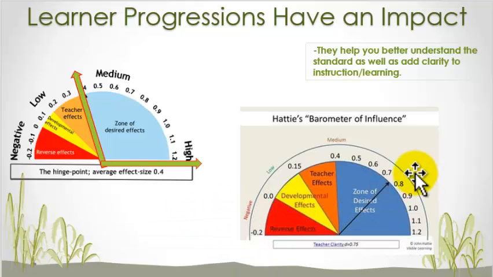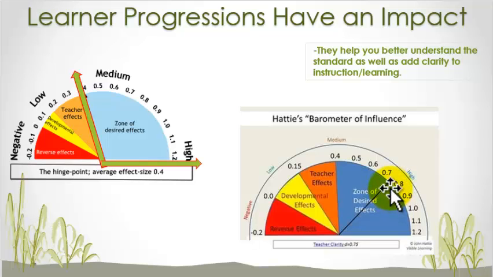Well, if you look at this chart right here, just having teacher clarity, meaning that teachers understand the standards, teachers know how to teach the standards, teachers have resources that best match the standards, and teachers are able to share that information with students and build clarity with students. When a teacher has that understanding, which learner progressions give you, that alone has a very large impact in the classroom.